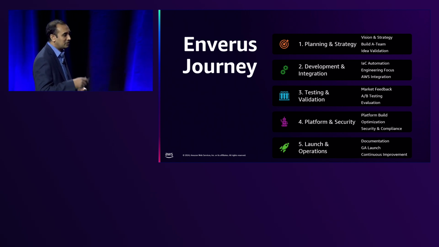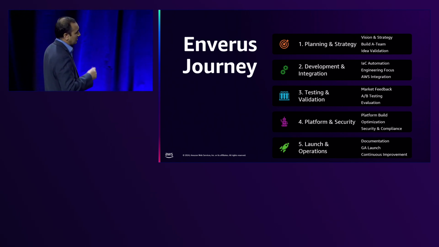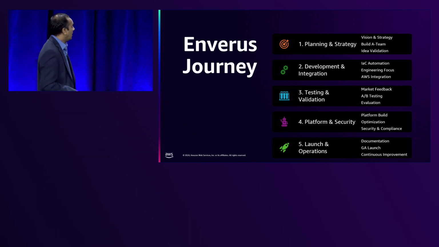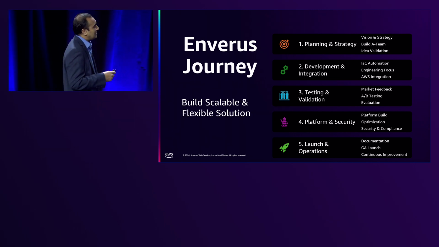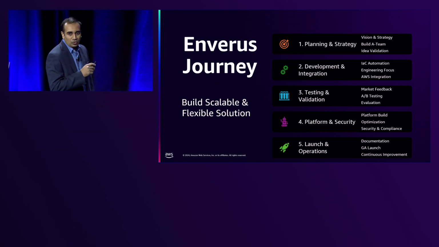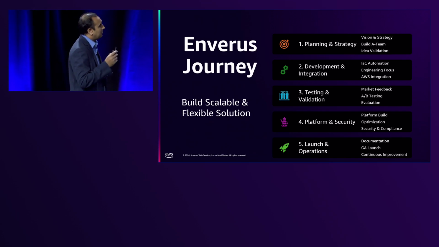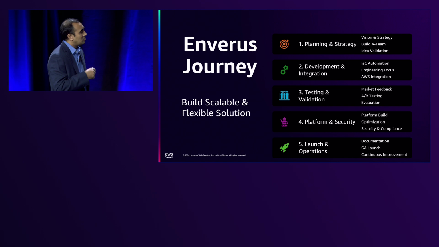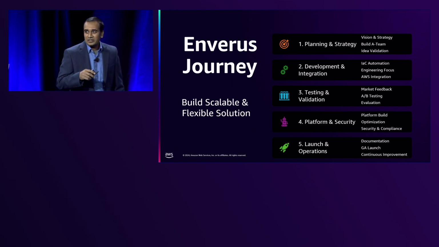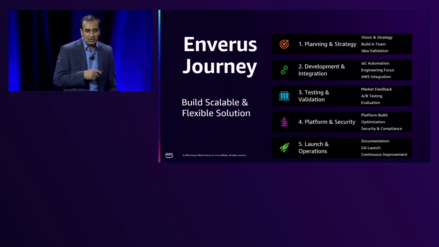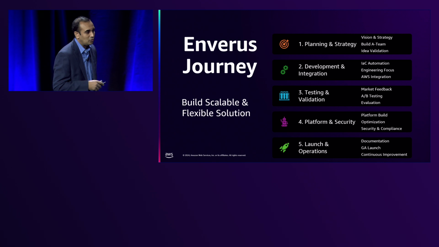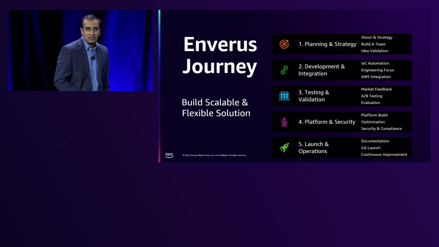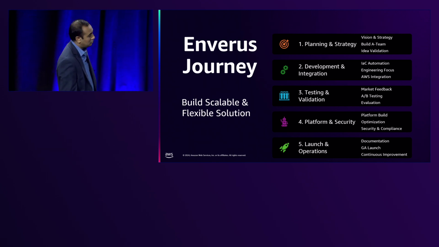This needs continuous innovation on your platform. In the way we designed our system, every step of the way our focus was scalability and flexibility. You can see validating ideas, infrastructure as code, and evaluation, all done in an automated way, and that keeps giving us value in how fast we can bring new use cases or features to Instant Analyst.